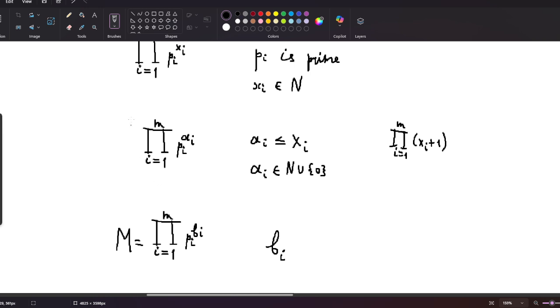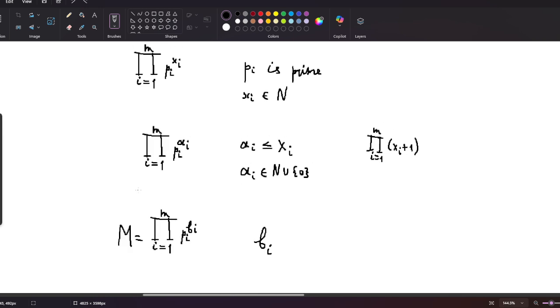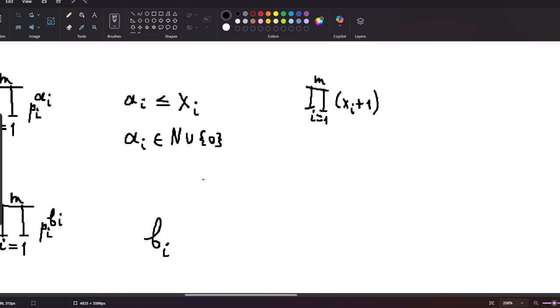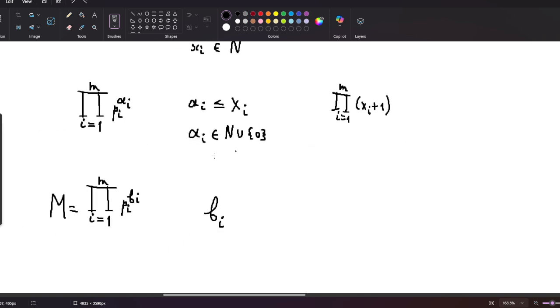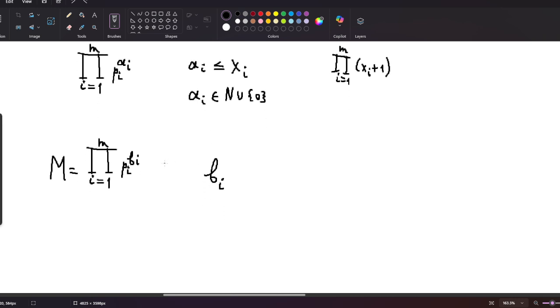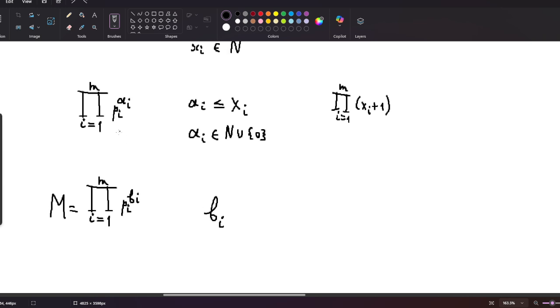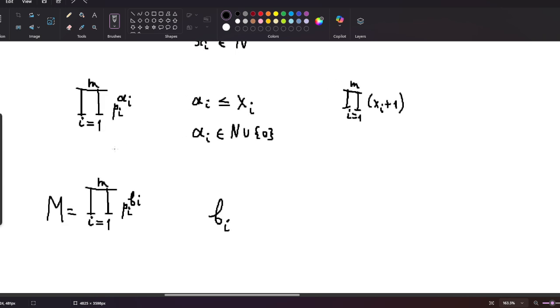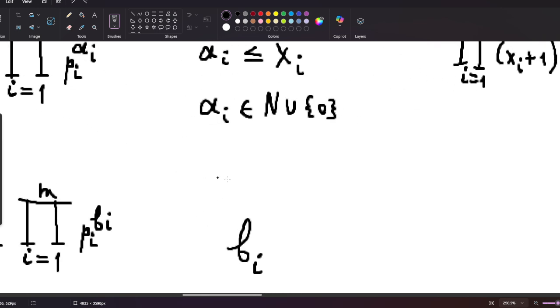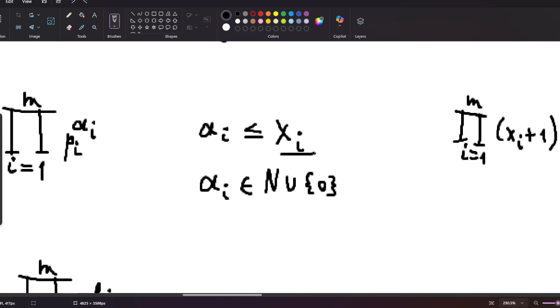That is related to this expression over here. So that means we need to account for every possible sequence like that. That would suggest that we need to go through a_i from 0 to x_i.